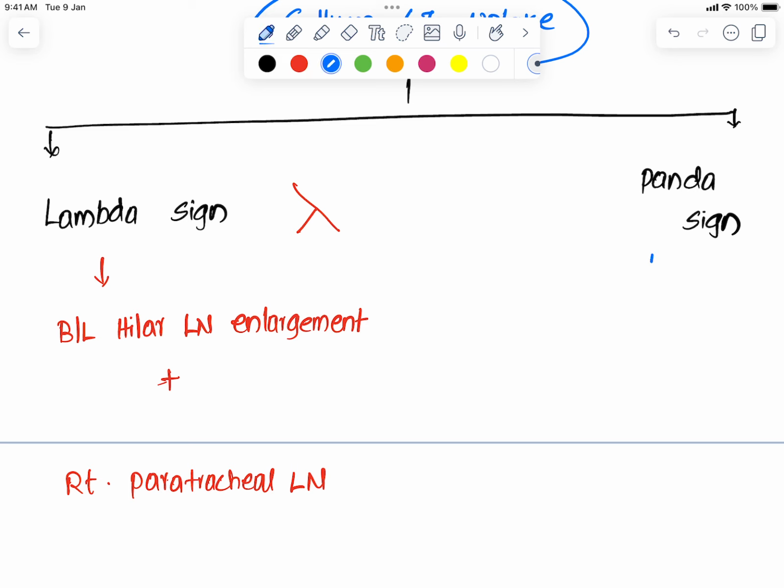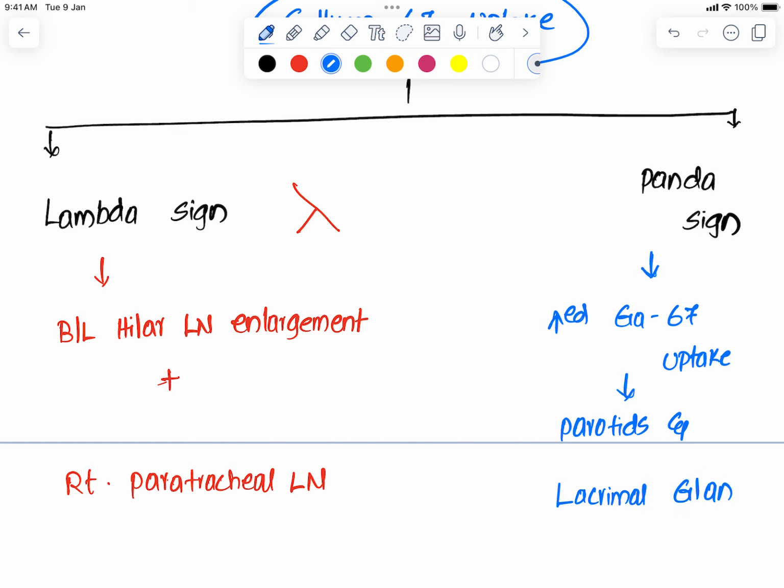The next what we have is the panda sign. So if you take this panda sign, it is increased gallium 67 uptake within the parotid glands as well as the lacrimal glands.